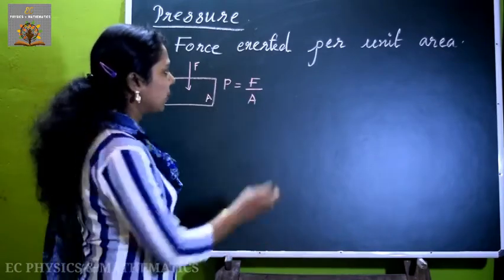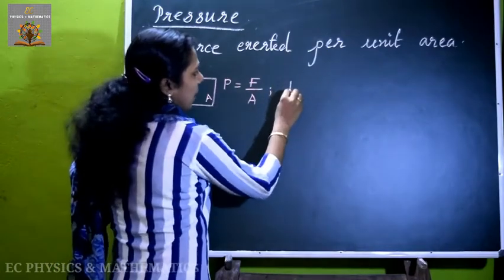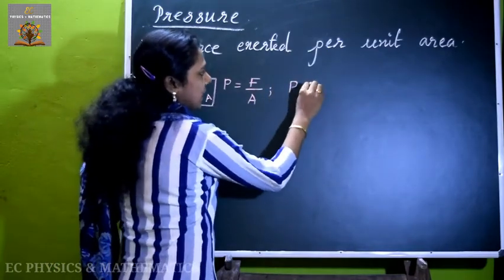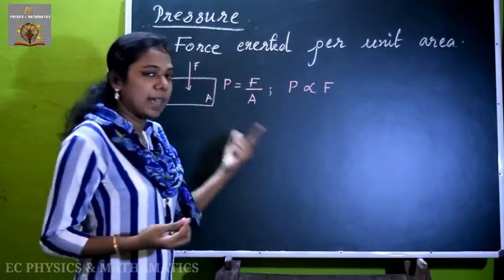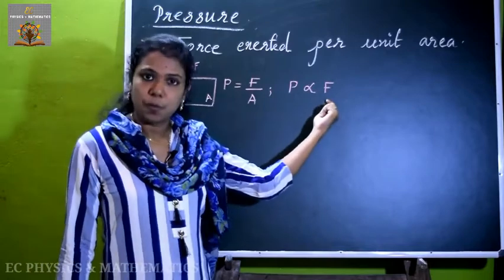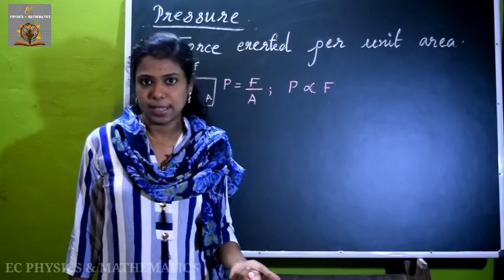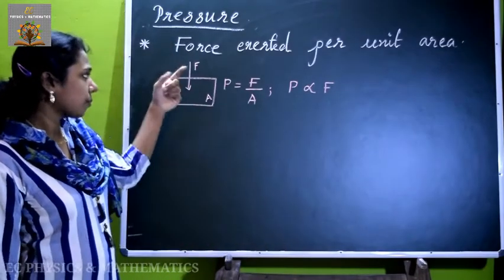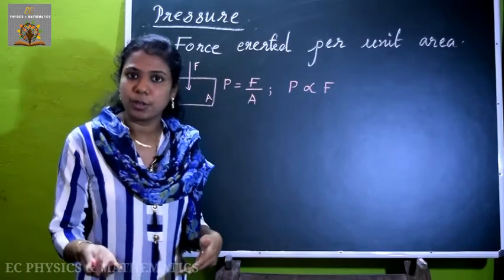First factor is force. Pressure is directly proportional to force. If force increases, pressure also increases. If we are applying a high amount of force in this area, the pressure is also high.